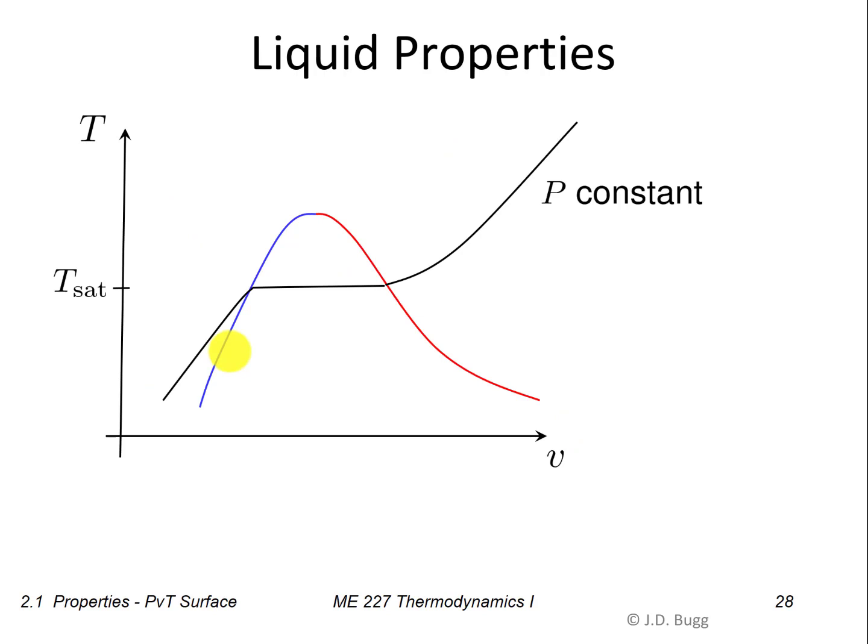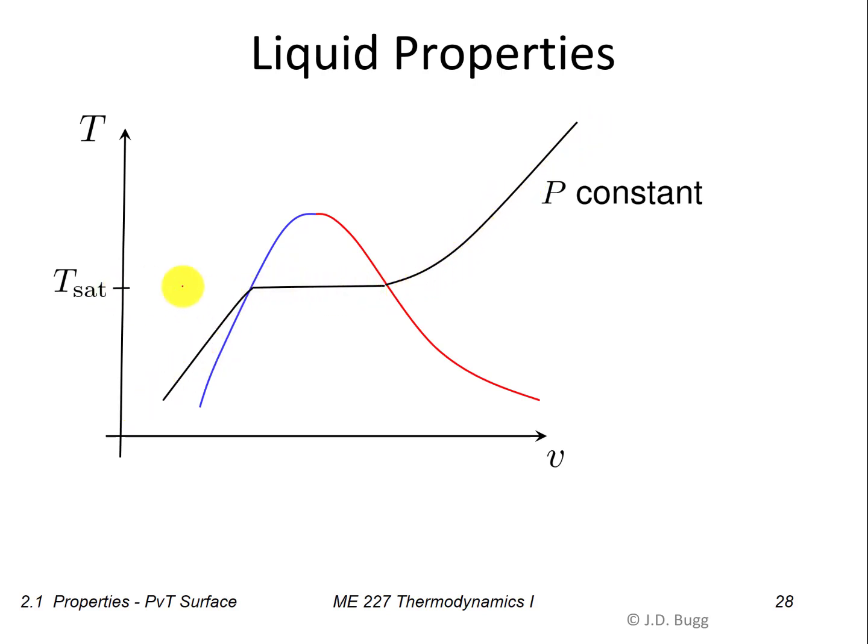I want to talk in particular about how to determine whether we have a liquid, a mixture, or a superheated vapor. So I want to return to a T-v diagram. Recall this is a plot of temperature versus specific volume. We have a saturated liquid line, a saturated vapor line, and I've shown a line of constant pressure on here.